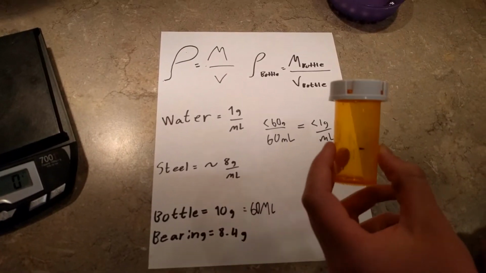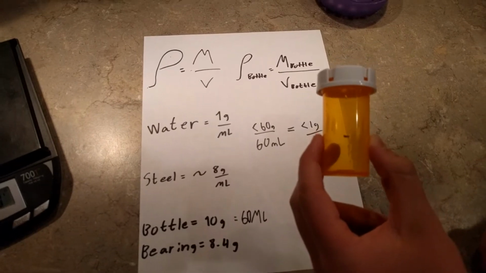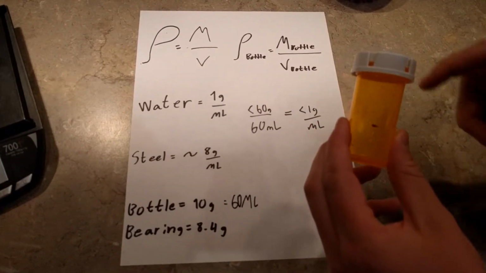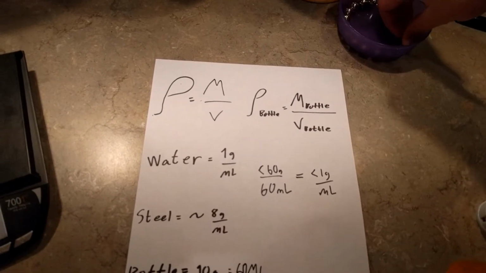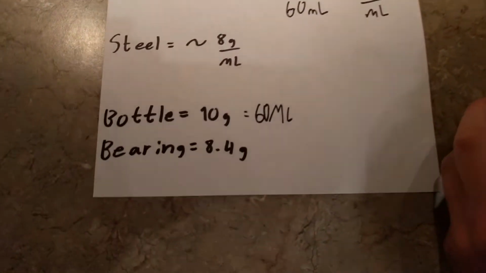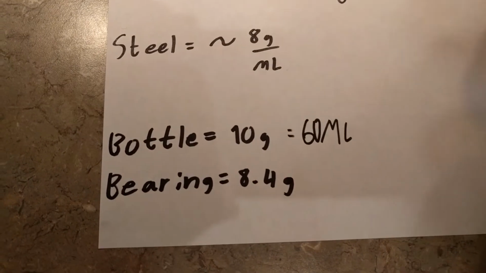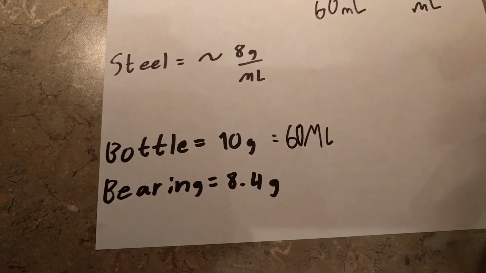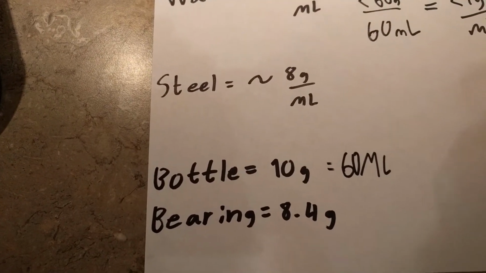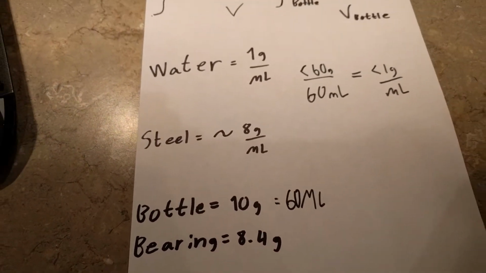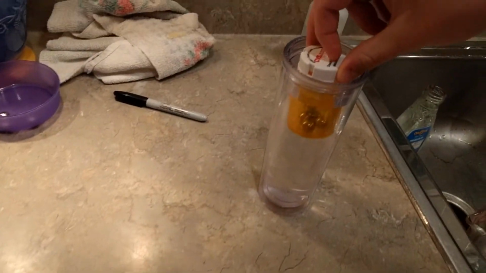Alright, so I've gone ahead and made a mark on the bottle from my previous messing around before I actually started this experiment, and I know that each of these metal bearings weighs around 8.4 grams, so 5 of them should weigh 42 grams, plus the 10 gram mass of the container would be 52. So I know that with 5 of these bearings, the container should float on top of the water in the test tank.